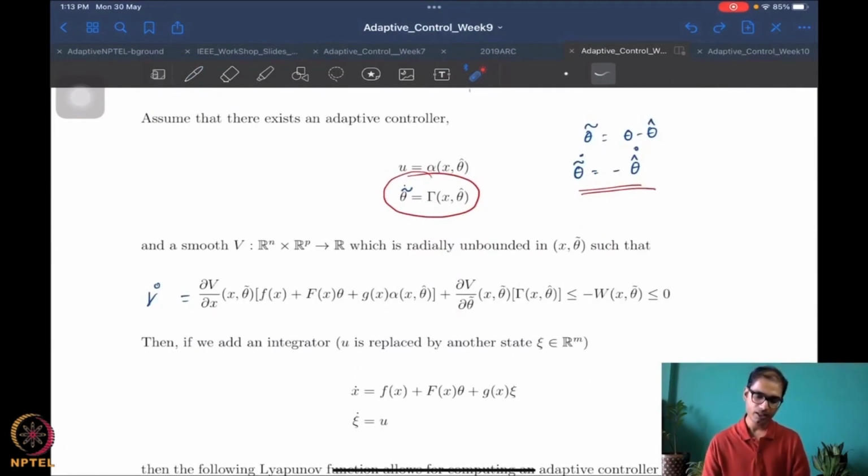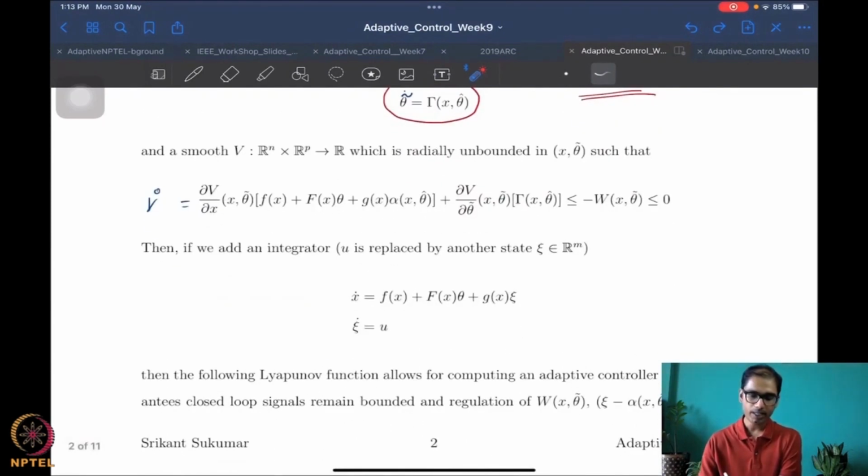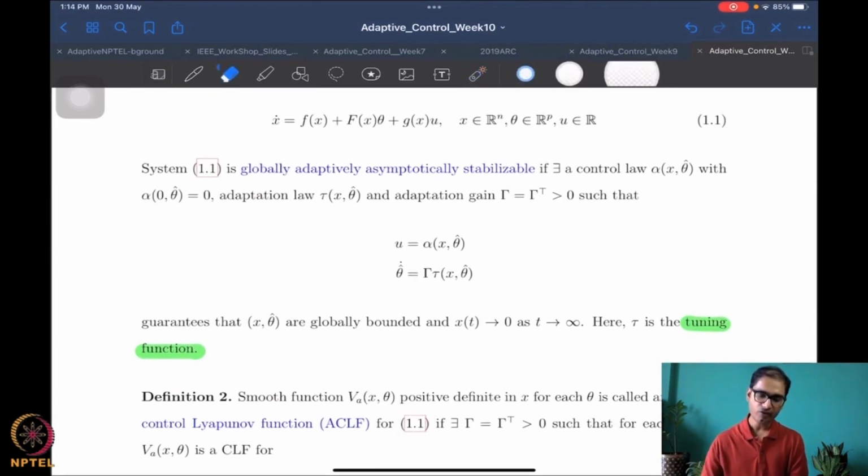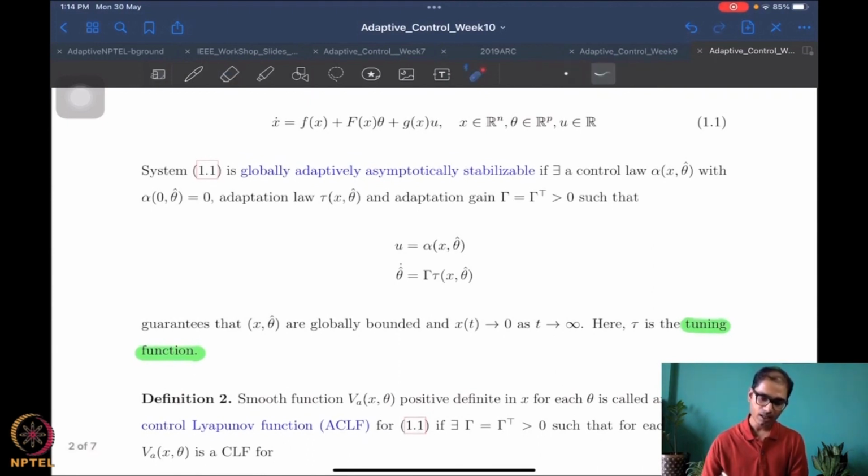Here we are directly interested in claiming that x actually goes to 0. So we want the existence of a feedback law, a parameter update law and an adaptation gain such that x and theta hat remain bounded, and x goes to 0 as t goes to infinity.